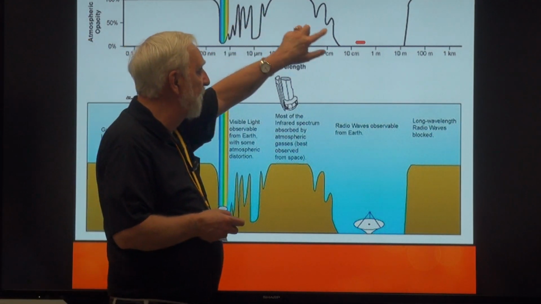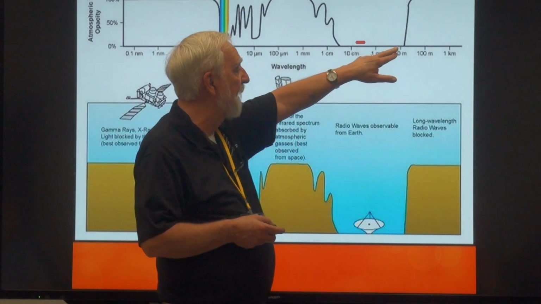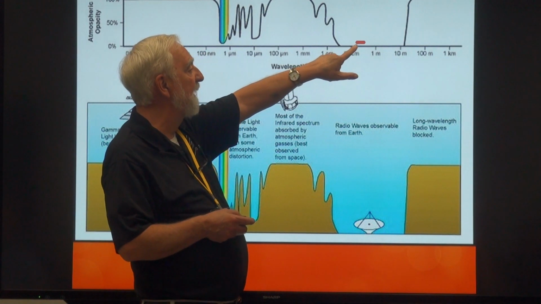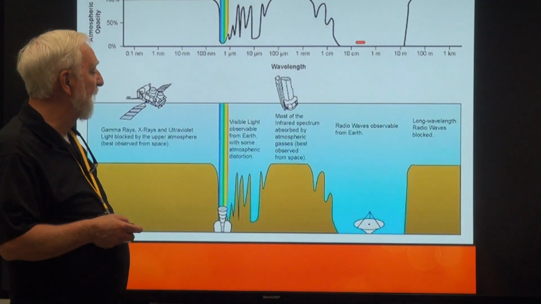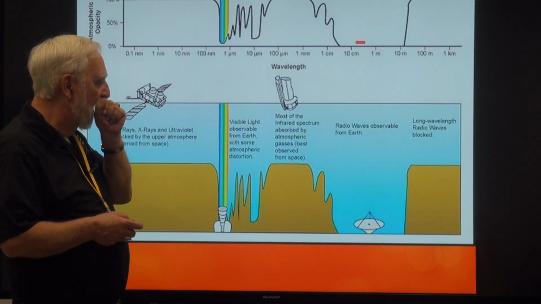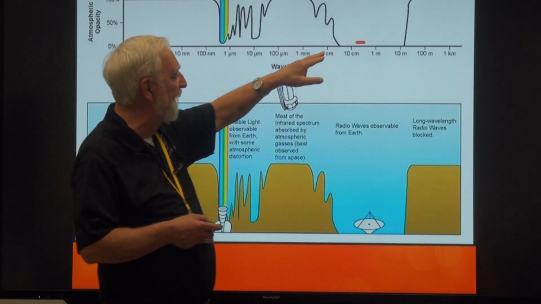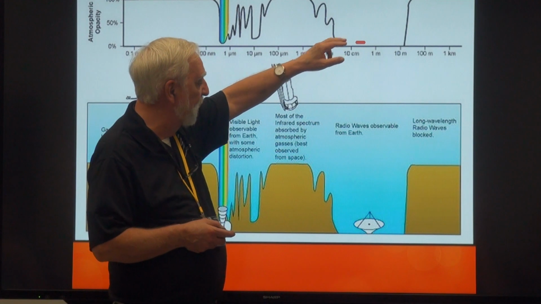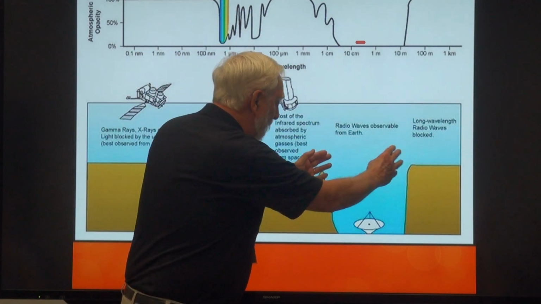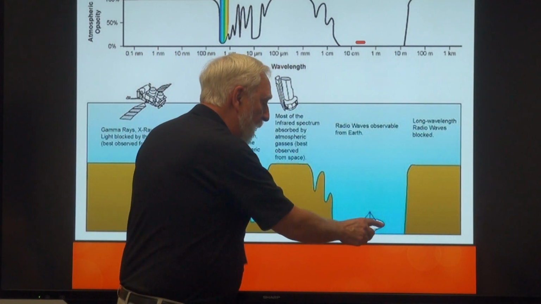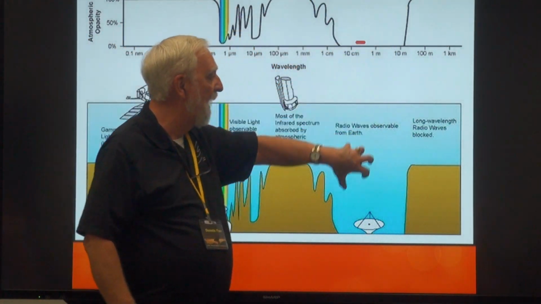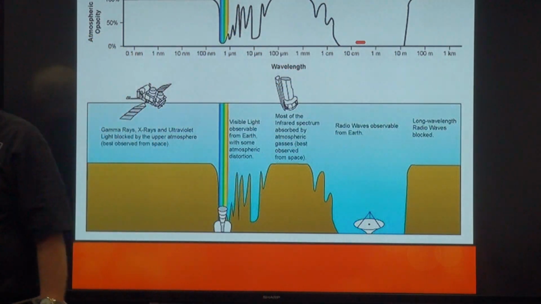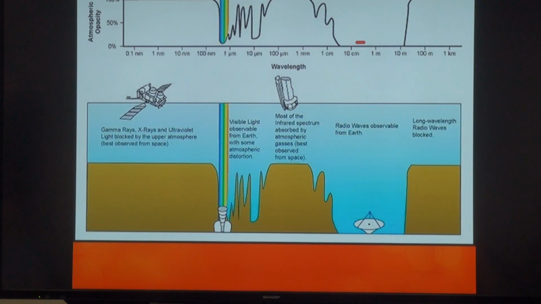Now then we get back down here and we see a big dip down here, and there's our little range there again, approximately 21 centimeters, where our favorite frequency comes through. And as you can see, down here we can use radio telescopes to image those things that can pass through in those bandwidths. If you have any questions, raise your hands.